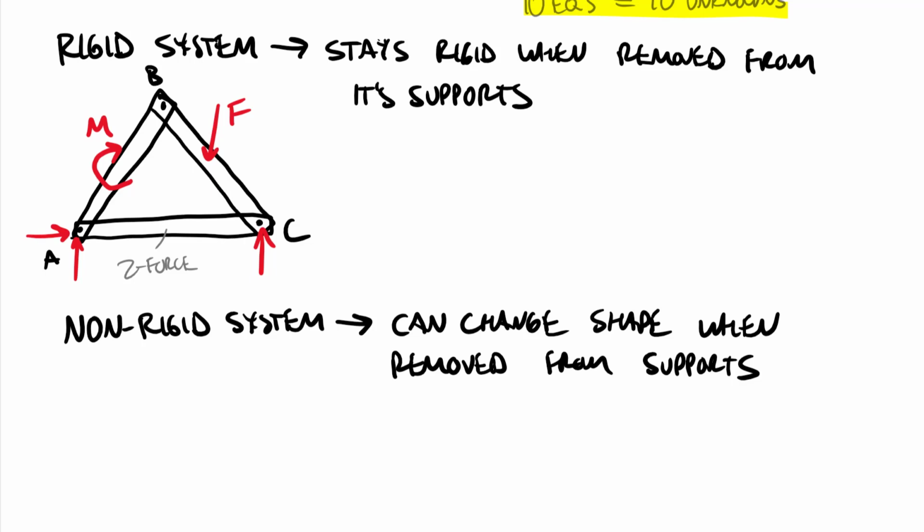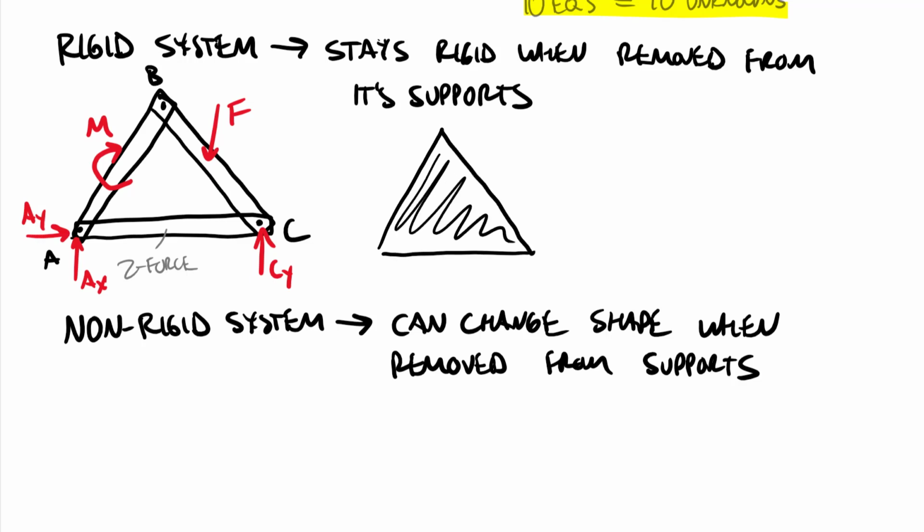And so we certainly can explode this into the 3 free body diagrams and work at solving our reactions, so AX, AY, and CY. And we could also find the interaction forces at A, B, and C. Now, I think the best way to solve these problems, if they are rigid, is just to keep them rigid for one more step before you start solving for everything. That's to leave the entire triangle as a rigid body, only leaving the reaction forces.